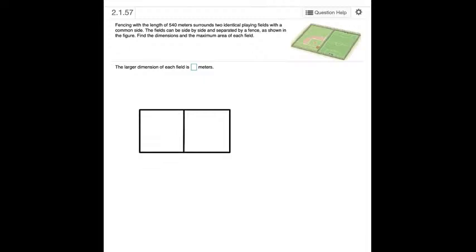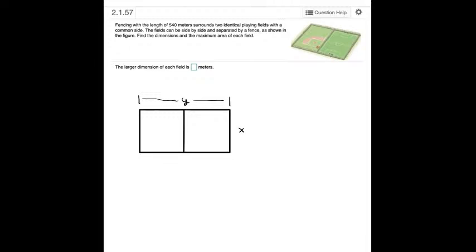Let's let this side over here be our x, and let's let the entire top be our y, going from here to here. All right. So then they gave us 540 meters, right? That's going to refer to our perimeter, or all of the fencing, right?